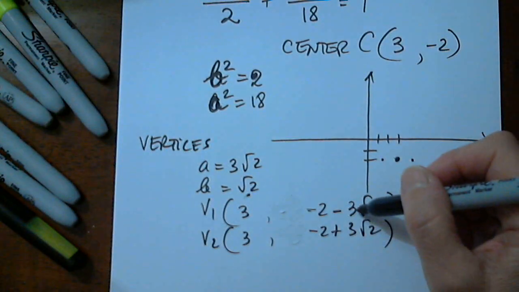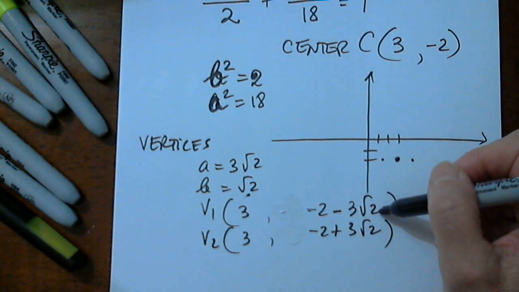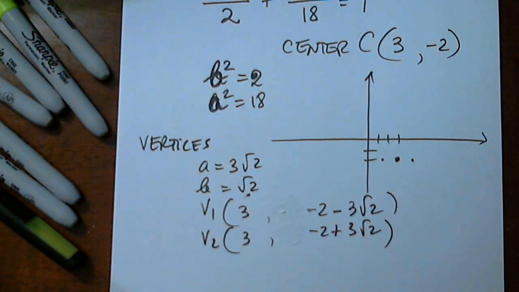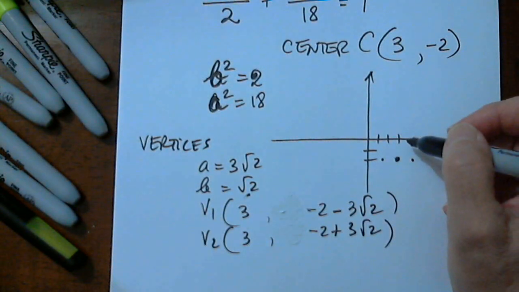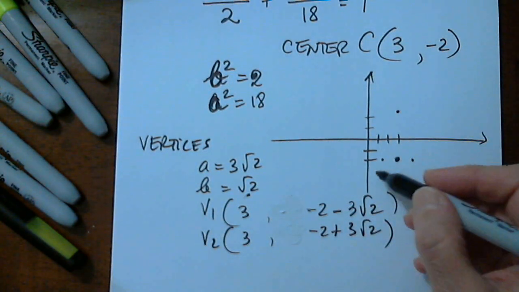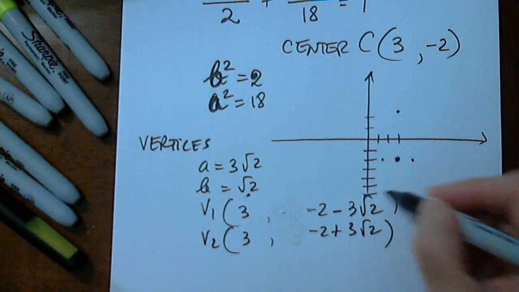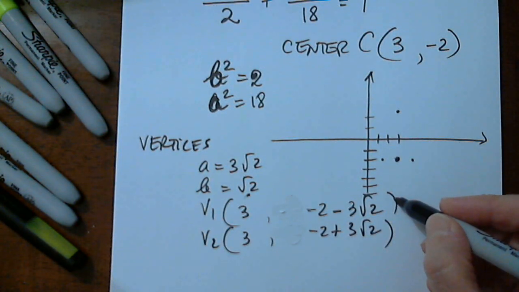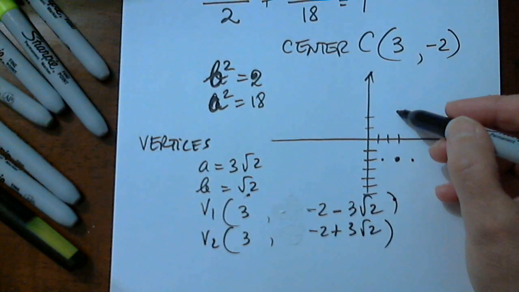So from -2, 3 square root of 2, how much is that? Or the square root of 18. 4.24. So 1, 2, 3, 4.24.